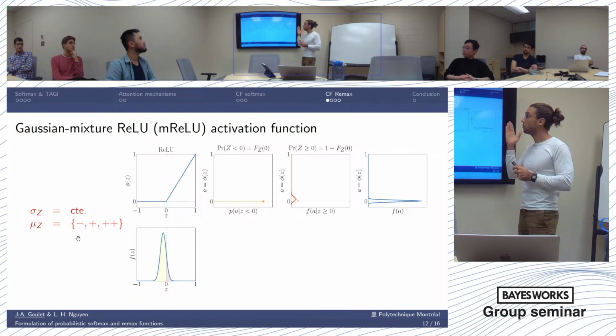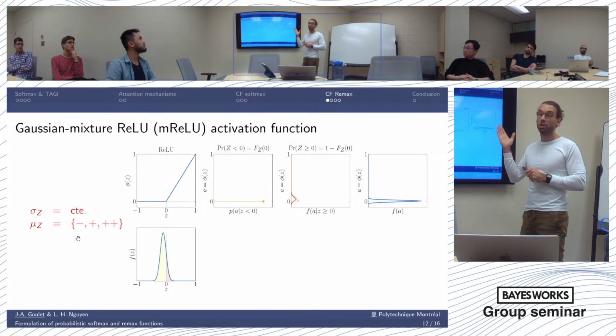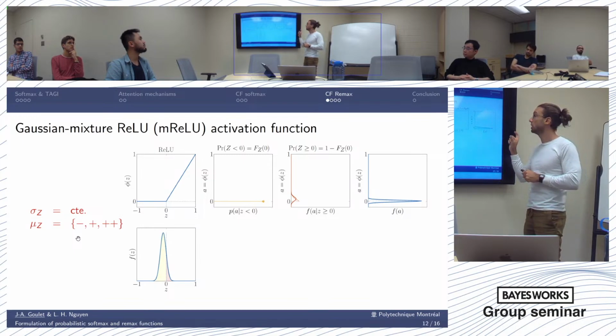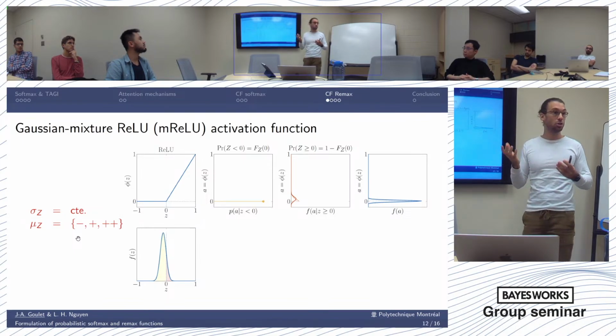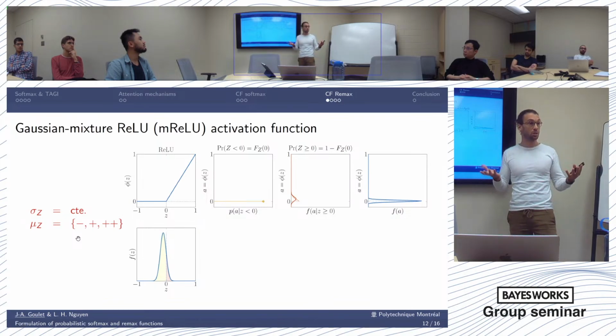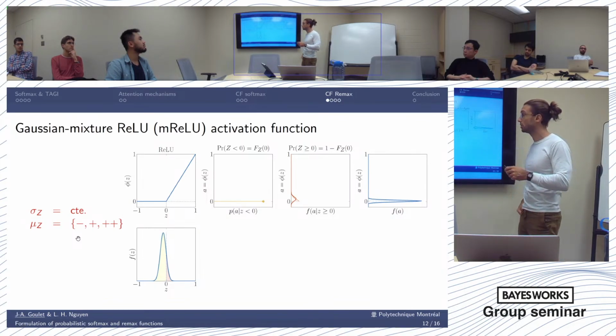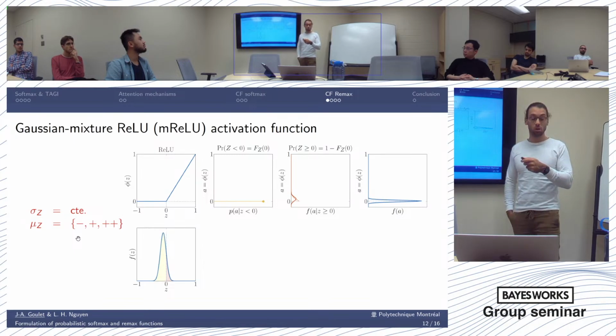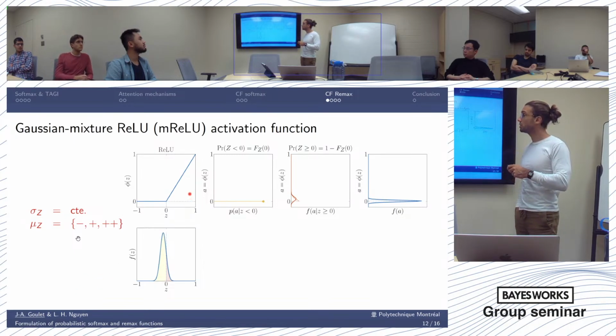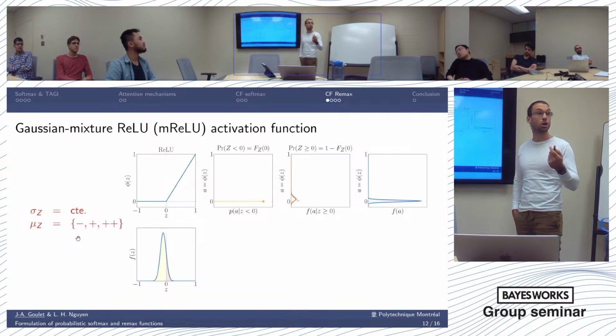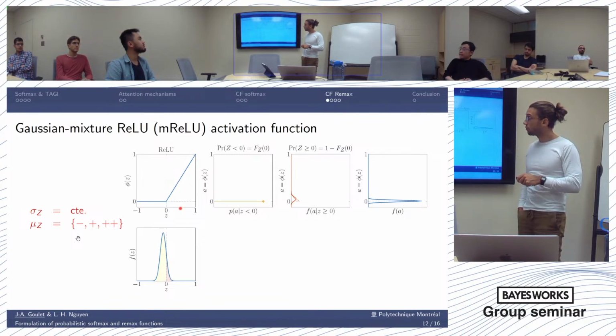With what we recently developed, the Gaussian mixture ReLU, or ReLU for shorthand. This is a new activation function, or just a new probabilistic treatment of the existing ReLU function. Now instead of using the exponential, we're going to use a simple ReLU. ReLU is simply the max of 0 and z. But now in our context, the input z is going to be a Gaussian random variable.